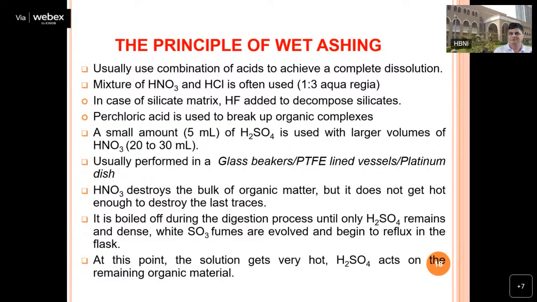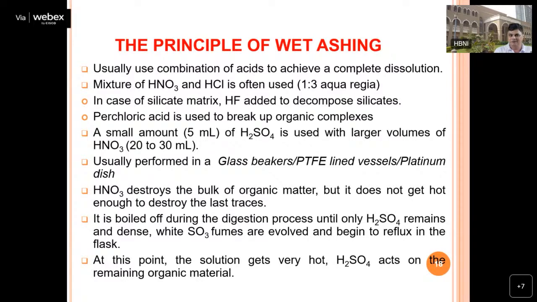And one more thing I'll tell you: if you are looking at silicate samples, or ceramics and ceramic samples, complete digestion of the samples is not possible even with HF. Then we use a certain amount of boric acid, so whatever fine silicas are present get solubilized.